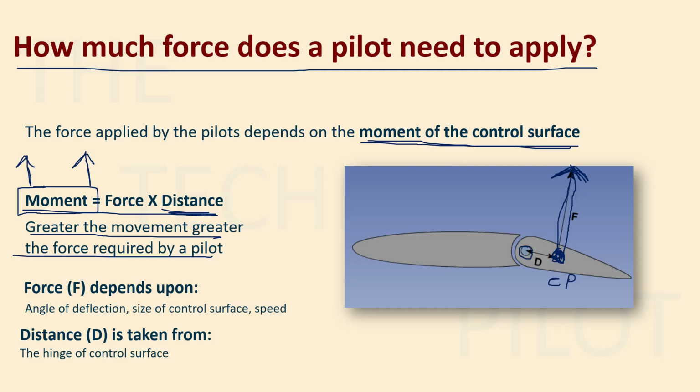The hinge is just a point from which the surface is moving, right? The distances are taken from the hinge, and this is your center of pressure. So from your hinge to your center of pressure, this is considered as your distance d, and the lift vector is considered as your force F.